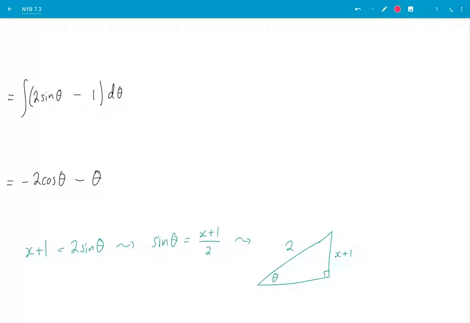So I work out this triangle as I've done a couple times before now. Using Pythagoras, I'm going to get my original square root here, which is this.